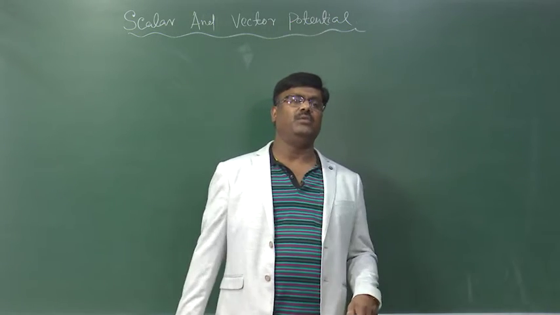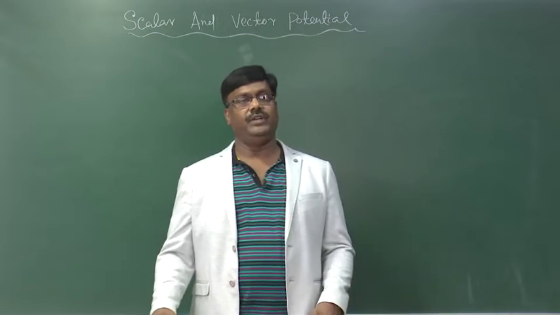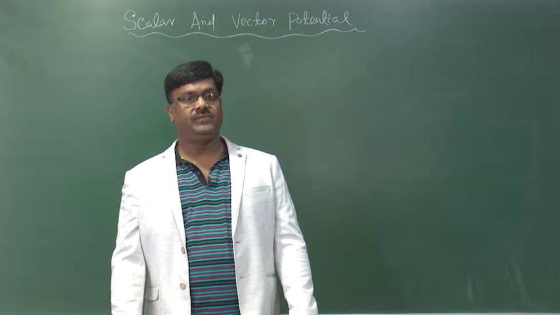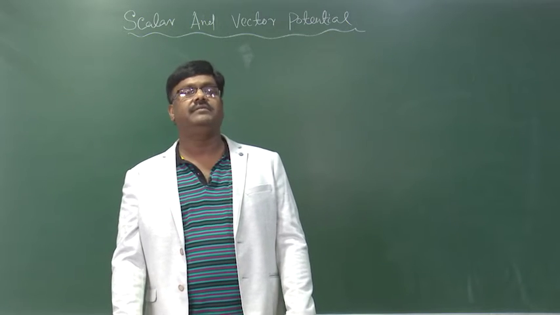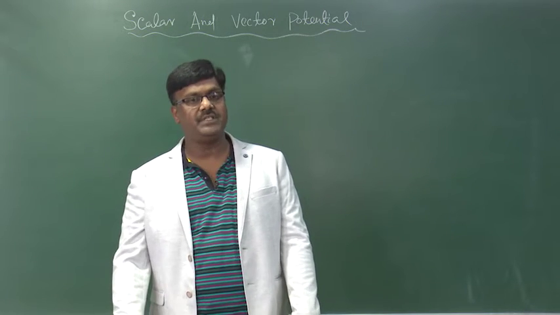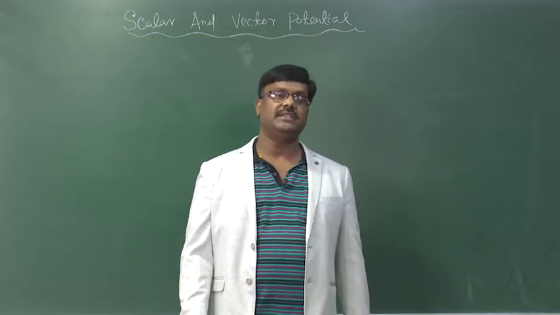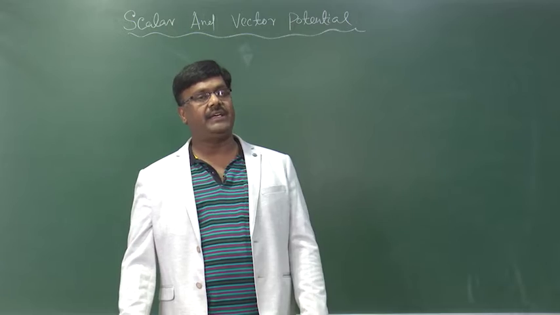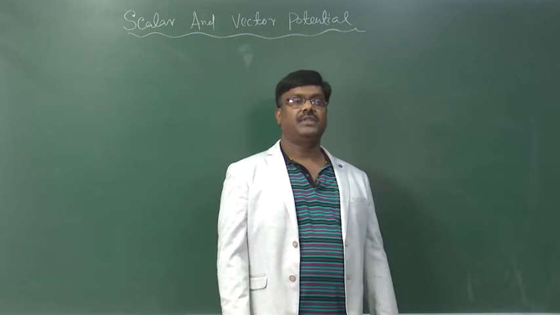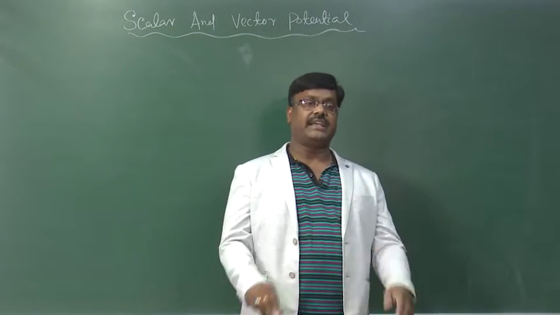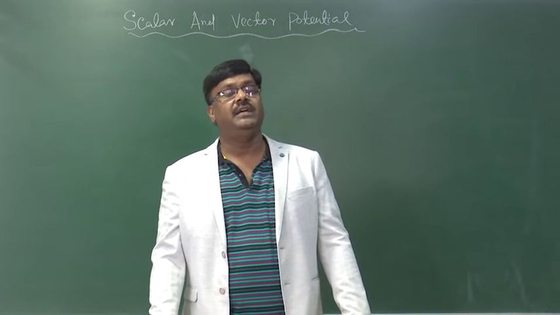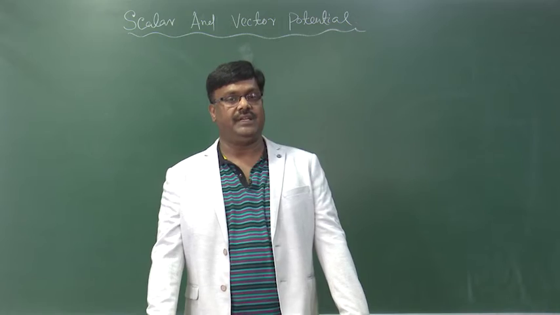Exactly in a similar way, if we want to express the magnetic field at a point, we need these three things. One is the vectorial representation, which is known as the magnetic field strength or magnetic field intensity, the second is the magnetic lines of force, and the third is the magnetic potential.